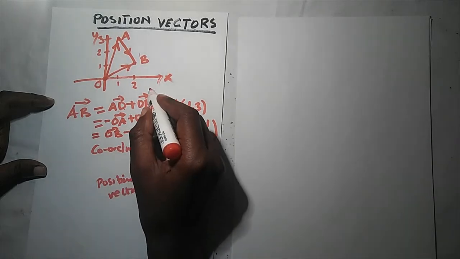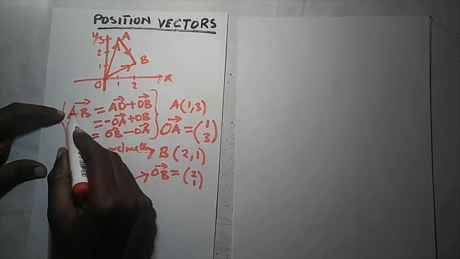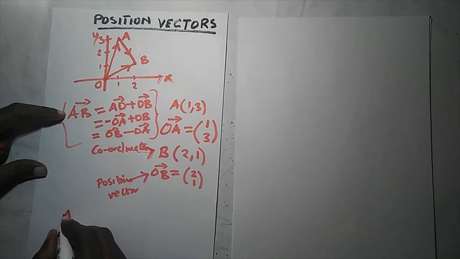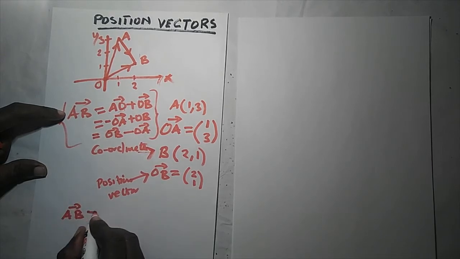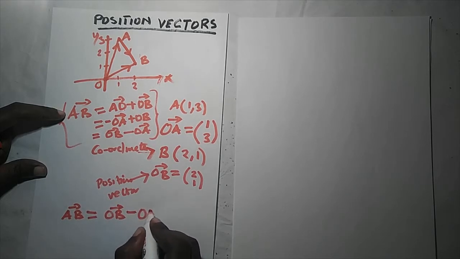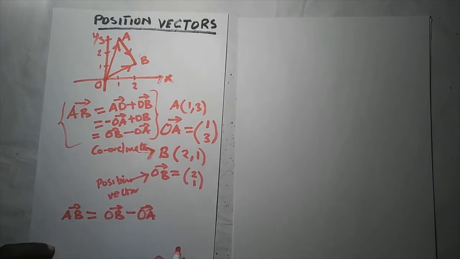So in short, what I'm trying to show you here is that the formula for AB in position vectors, like what we have here, AB is actually OB minus OA. So this is a very important vector equation here.